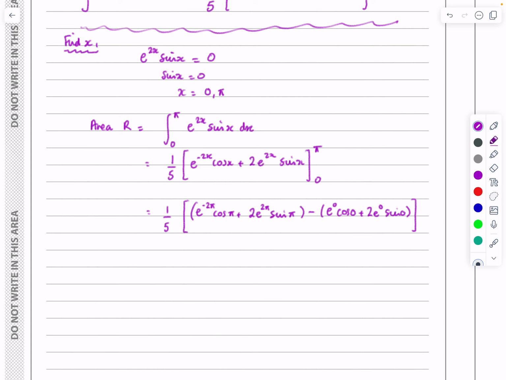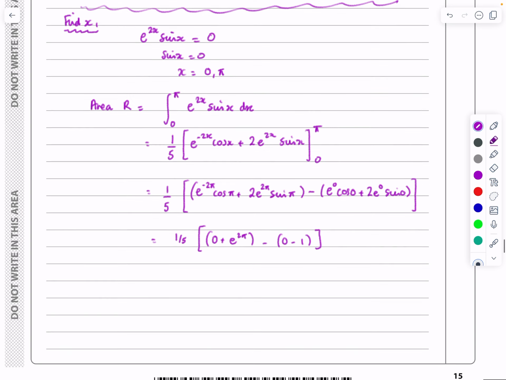Then just stick all the values into the calculation, you know what sine 0, cos pi, sine pi are. That works out to be a fifth, and we've got nothing for the first one, and e to the 2 pi for the second one, and the other one will have 0 minus 1. They're relatively tidy, so that works out to be a fifth e to the 2 pi plus 1.